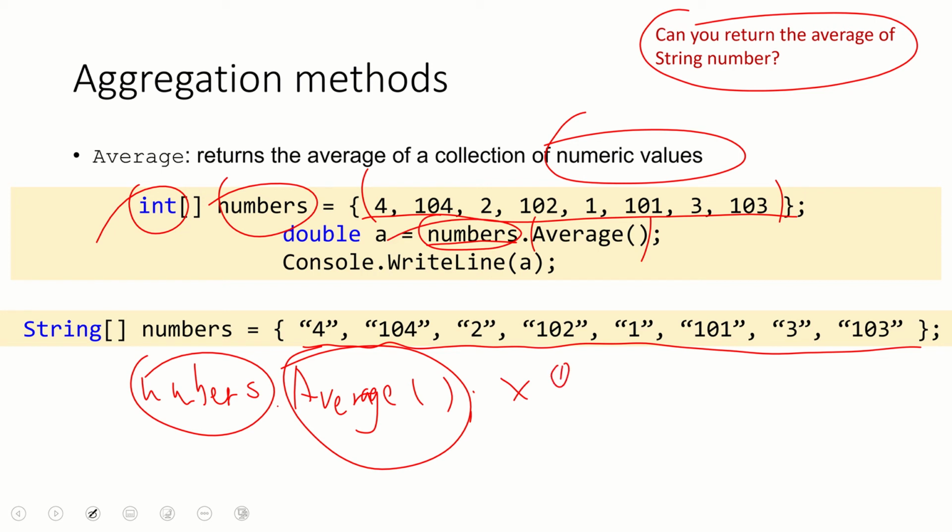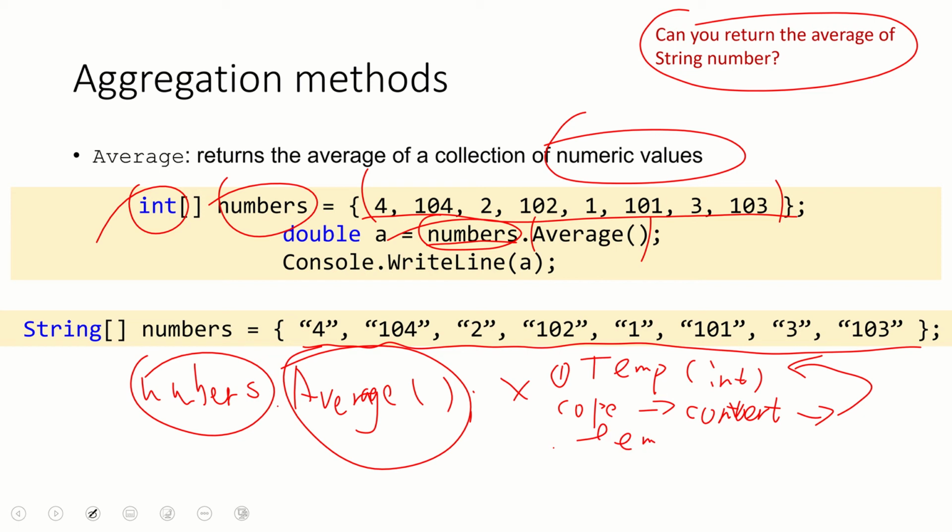One solution: we convert. We use a temporary one, this array would be int. Then you copy and convert, then send to the temp one, and use the temp one to call the average.